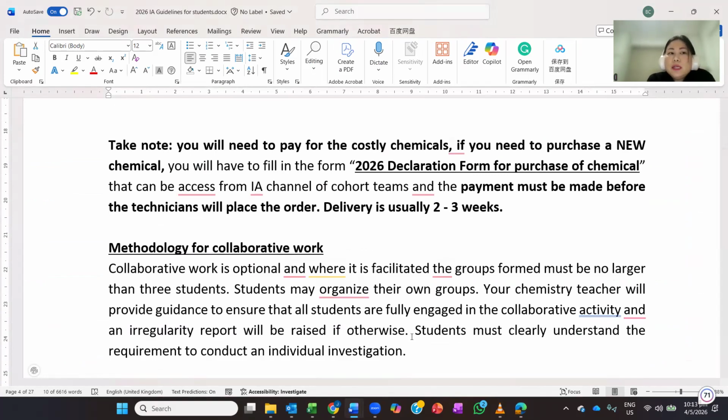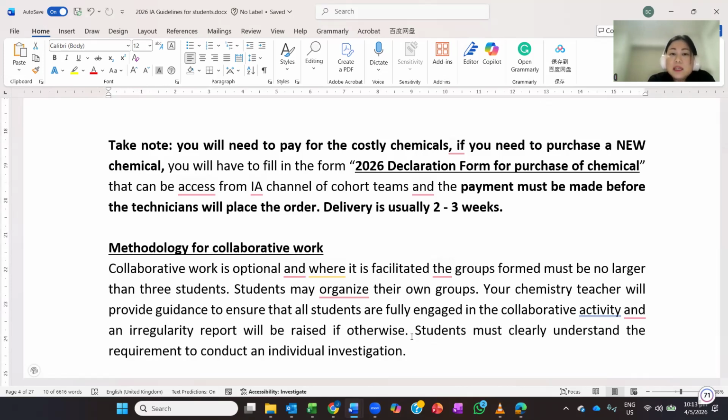If you need new chemicals that are not in those lists, then you will have to make a payment for them. Let's say you need a certain chemical and you want to order it, then you will have to pay for it. I will usually advise you not to buy any chemicals. Try to use what you have in the lab for your IA.